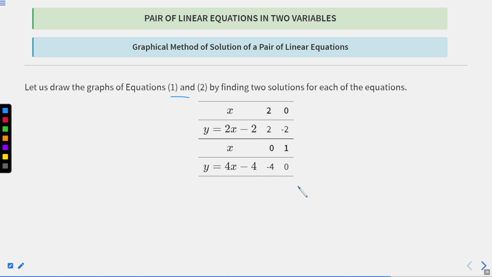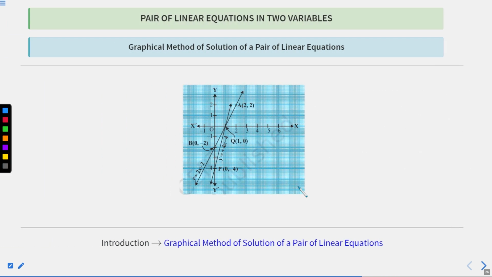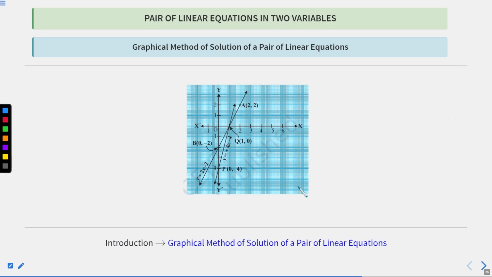So let us see what the graph of this pair of linear equations looks like. If we draw the graph of y is equal to 2x minus 2, then we will get this line. This line represents the graph of y is equal to 2x minus 2, and this line represents the graph of y is equal to 4x minus 4.